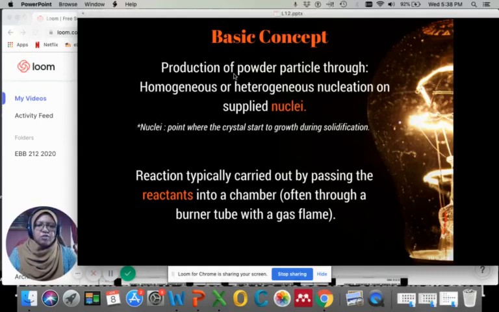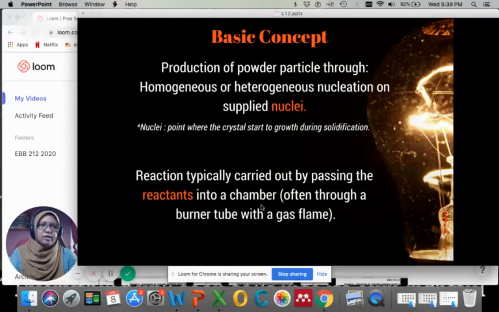So production of powder particles through CVD involves homogeneous or heterogeneous nucleation on supplied nuclei. These nuclei are the points where the crystal starts to grow during solidification. The reaction is typically carried out by passing the reactants into a chamber, often through a burner tube with a gas flame.